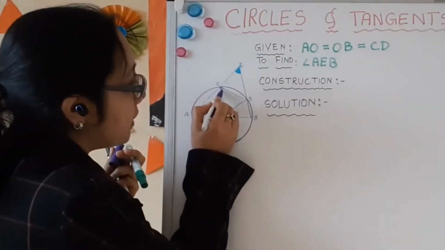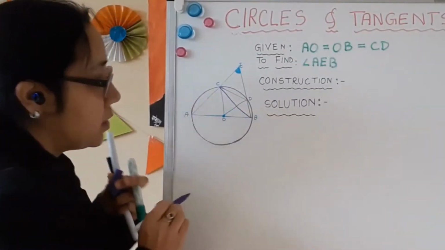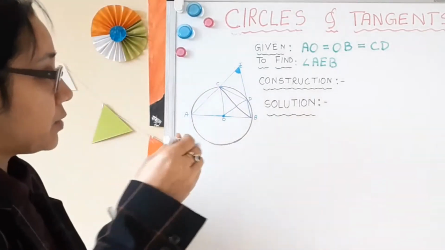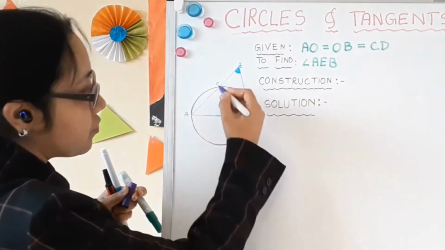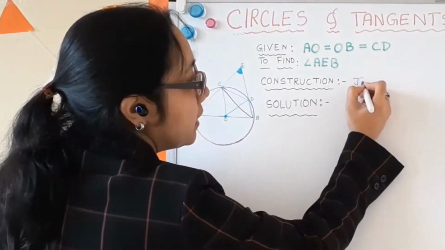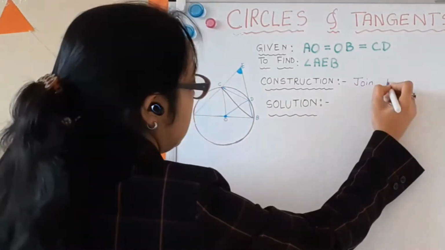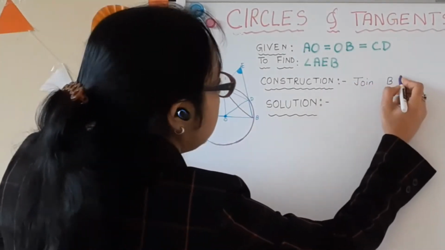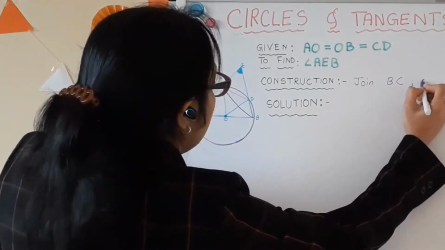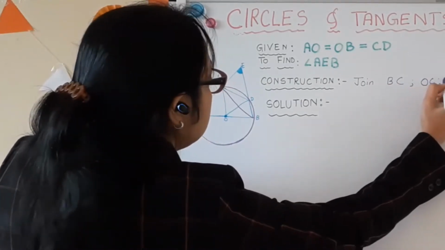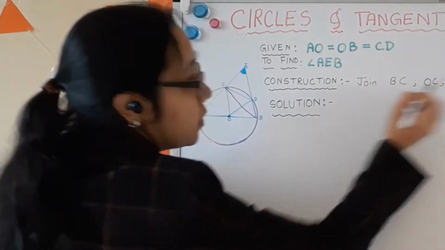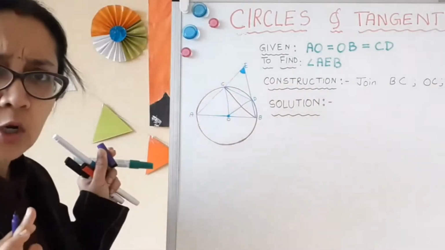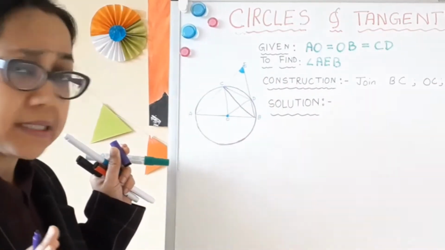So we have done a construction of joining BC, OC and OD. We have joined these three line segments.